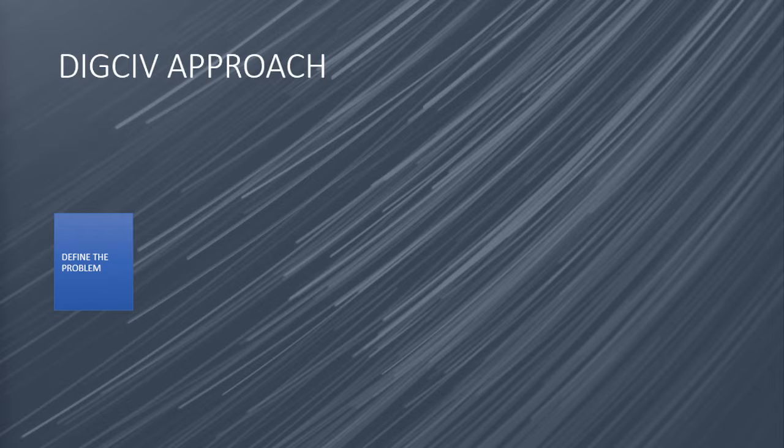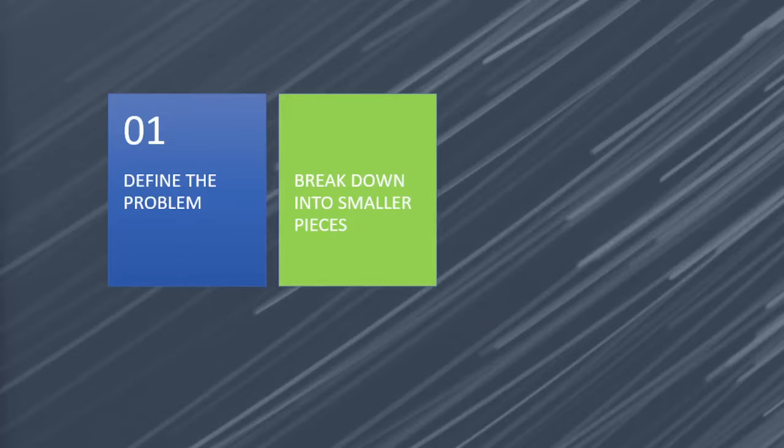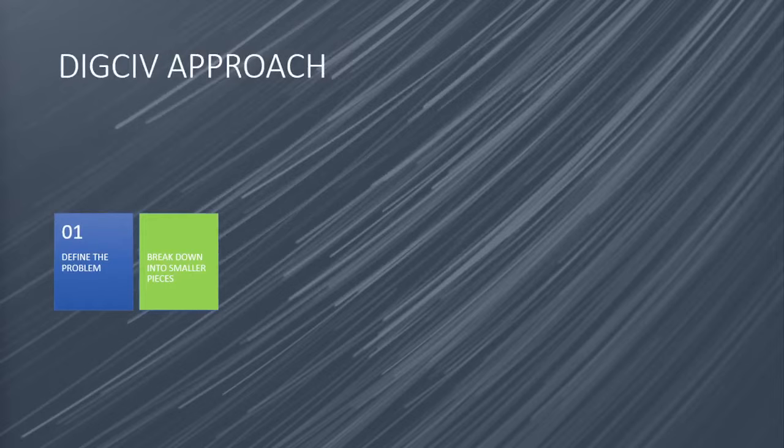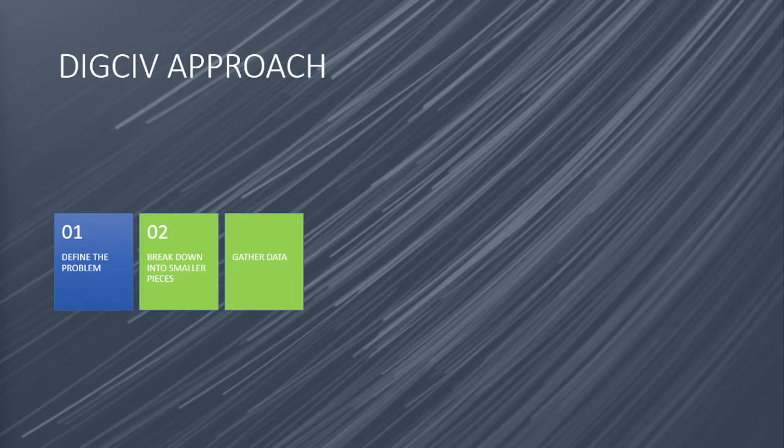Now, if you're not able to get that from the first statement, you need to break down the statement into smaller pieces. And that is what we call breaking down the problem. You break down the problem and then you understand what the problem is. Afterwards, you could gather data to support your understanding of the problem.